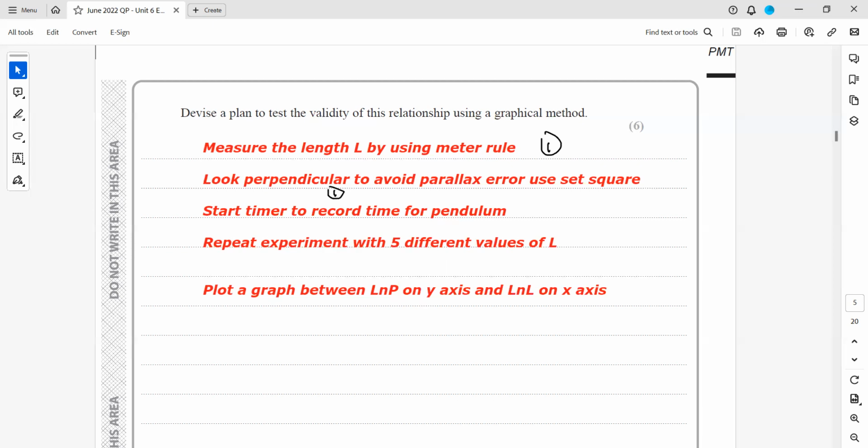Then look perpendicular, avoid a parallax error, and using a set square, then start the timer, repeating the experiment, taking an average and plotting a graph. And even here, record the time for a pendulum. You have to explain it fully, like record the time for 20 or 30 cycles and then divide by the number of cycles to take an average. Elaborate this point as well. That's what we usually do for finding the time period of a simple pendulum.